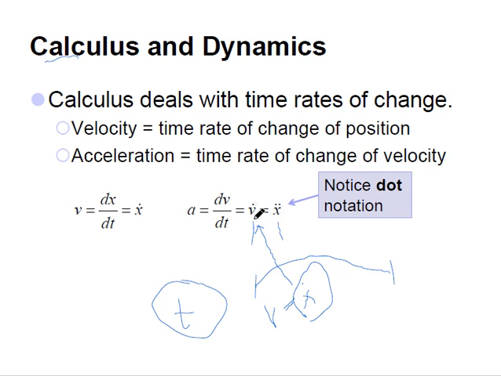One dot over the velocity symbol, you know that is acceleration. One dot over the position symbol, which is x, that is your velocity.